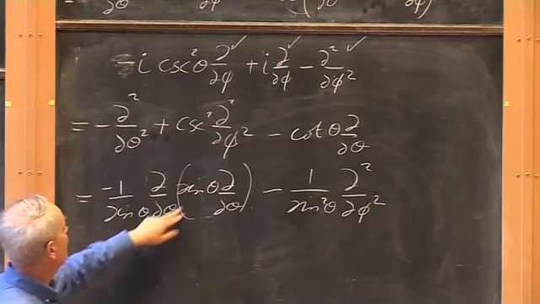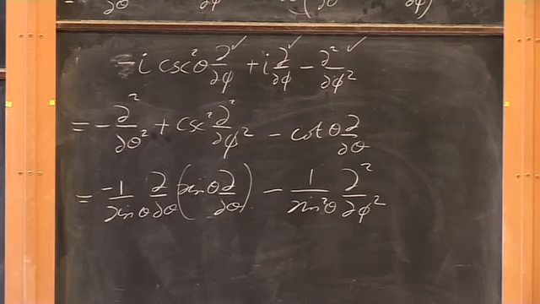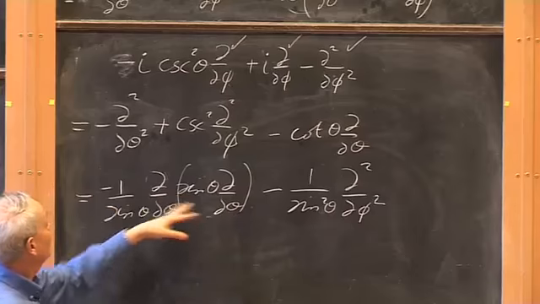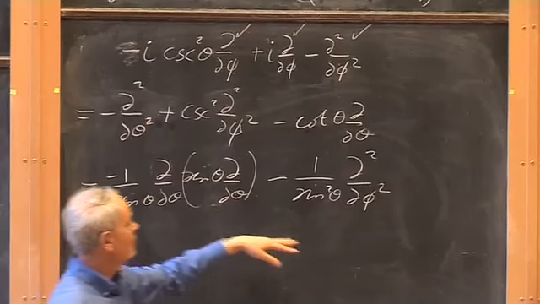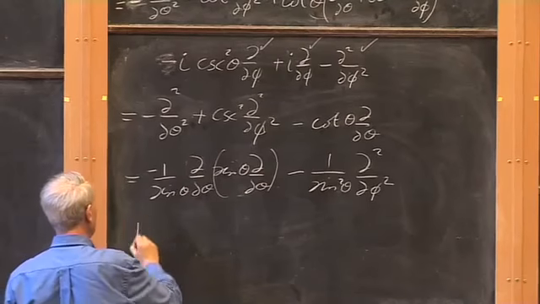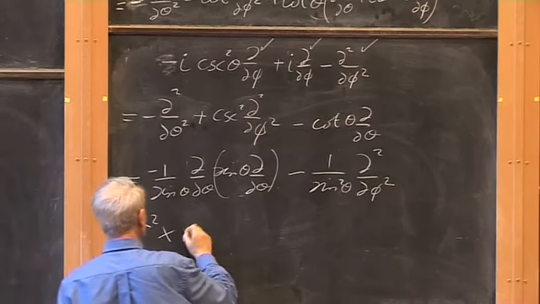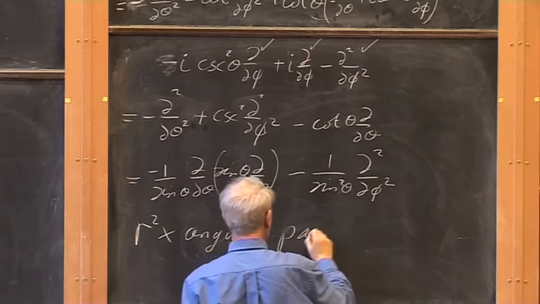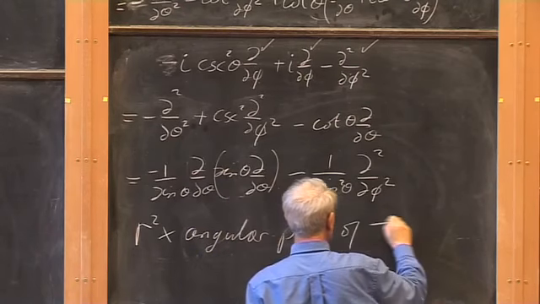When you differentiate this, we get a cos, and cos over sine is cot, so that's this term here. We have the double derivative, etc. And what is this? This is r squared times the angular part of del squared.